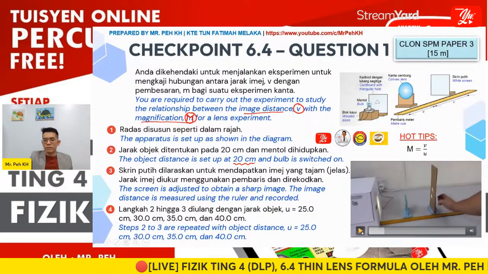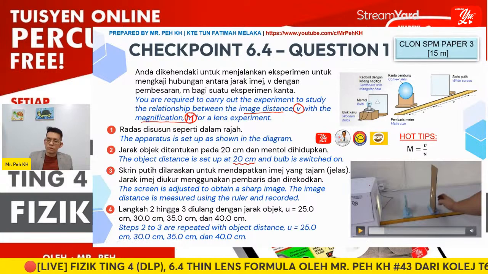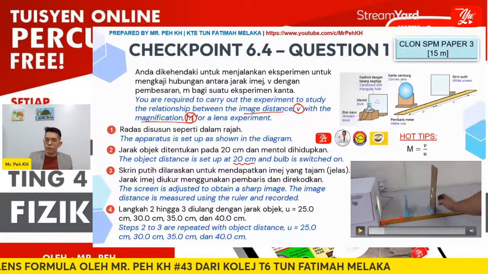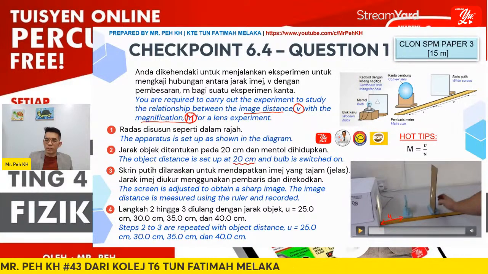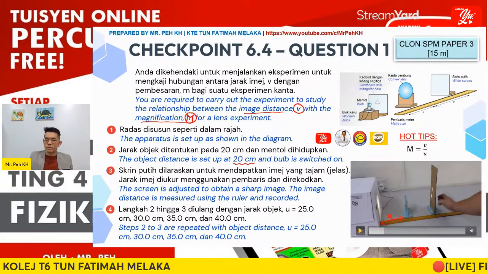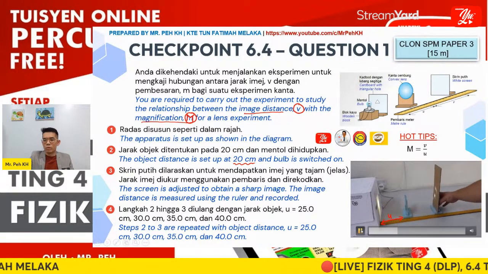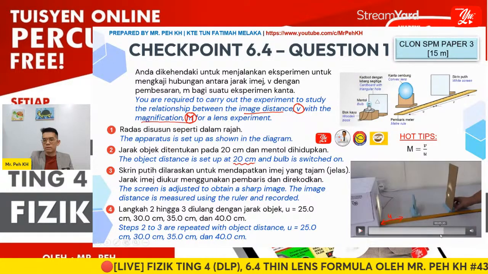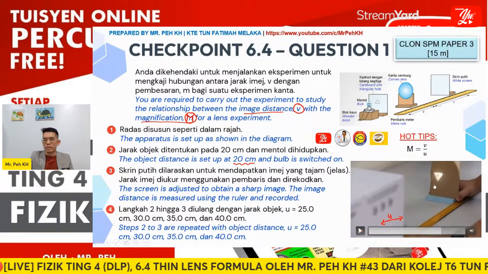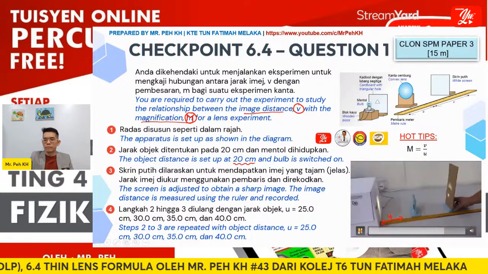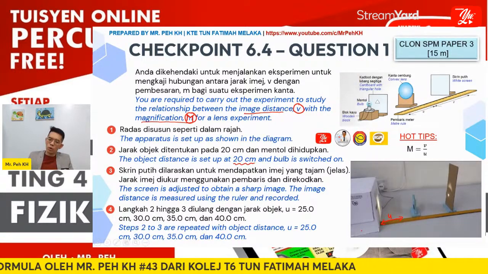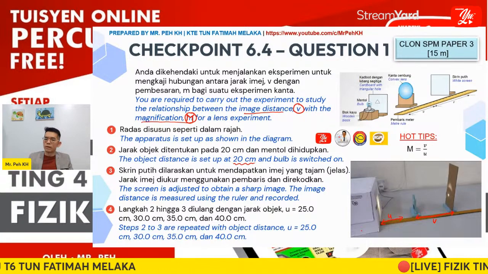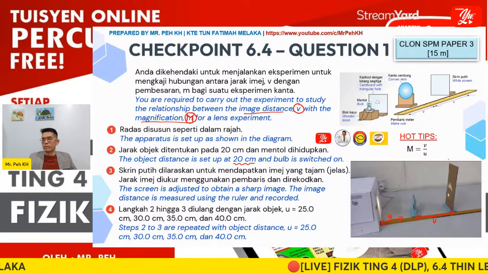So firstly, switch on the bulb and get your first U, which is equal to 20. Then adjust your widescreen until a sharp triangle is formed on the widescreen, and then you may measure your value V here. This is actually the same shortcut as just now.